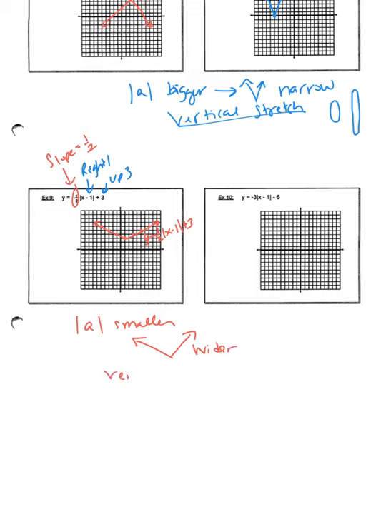That's called a vertical shrink when it gets wider. So think of like if you had a cake and you took your hands and you smushed the cake down, the cake would actually get wider. So it's a shrink. You're shrinking it down and it gets wider. Okay, to help you remember that.